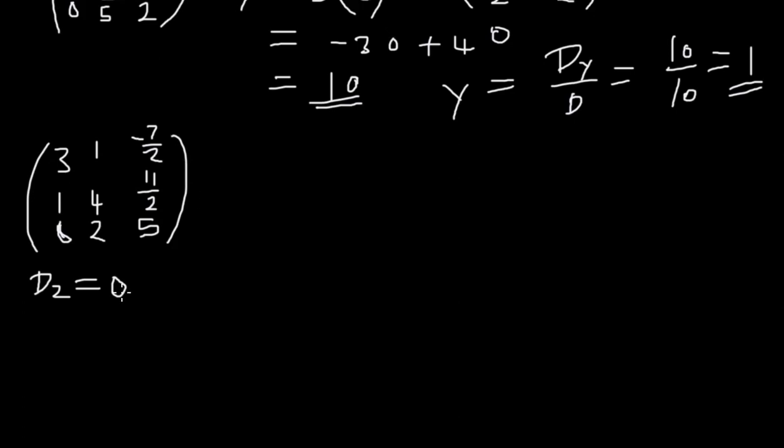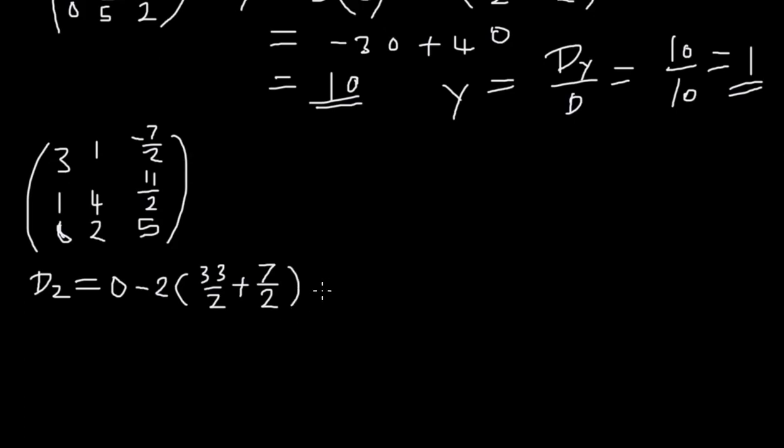Then the second one, I'm going to get negative 2, multiplied by the minor of this negative 2, which is going to be 3 times 11 over 2. Of course, I'm getting 33 over 2. And then minus 1 times negative 7 over 2, I'm getting a negative 7 over 2. Multiplied by that negative, you get a positive 7 over 2.